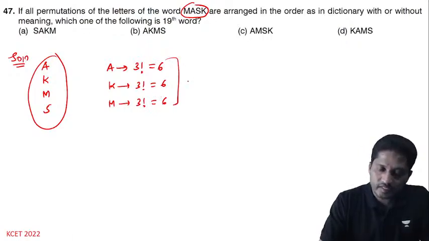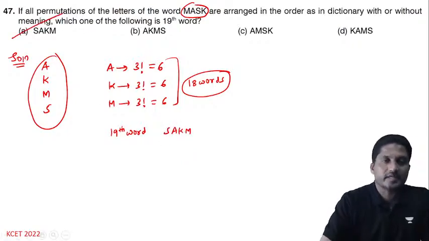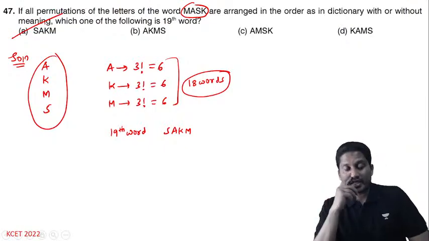So far we have constructed 18 words. The 19th word will obviously start with S, so the 19th word will be SAKM. Answer is option A. There is a similar question in NCERT, guys.